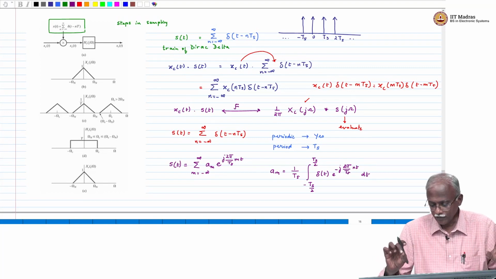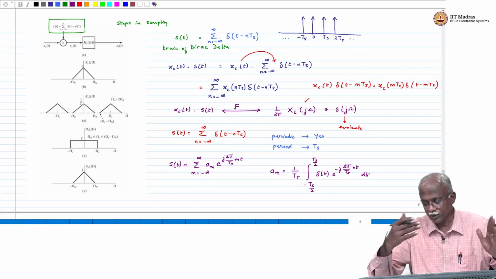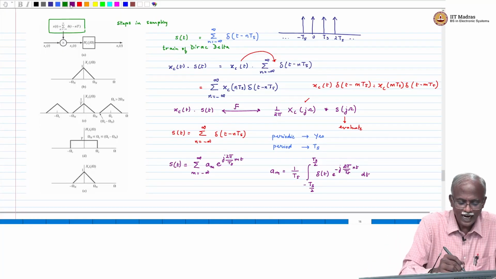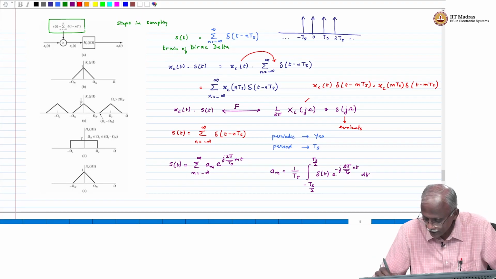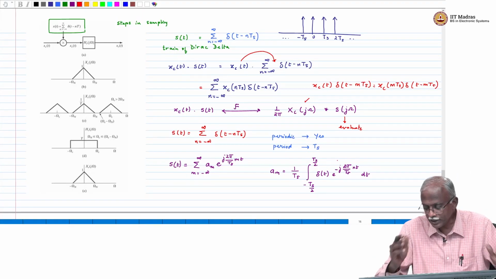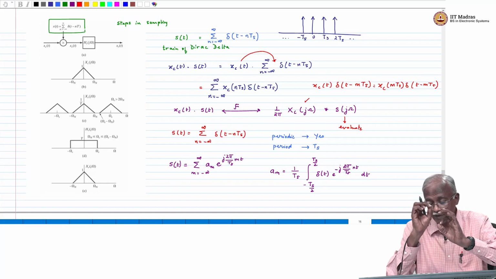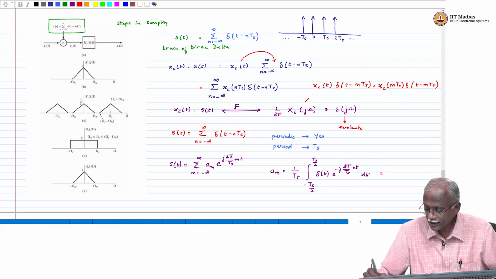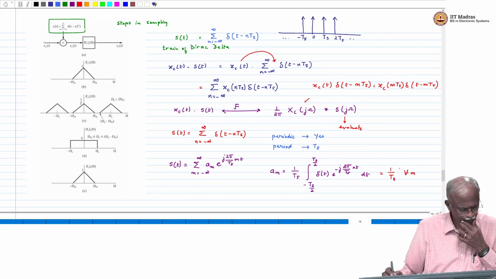I hope you are familiar with how we compute Fourier coefficients. So basically write down the expression for this, and also please carry out the integral. Delta of t means it will be non-zero only at the value t equal to 0. So this integral will collapse, and what you will get is that each of these coefficients is equal to 1 over Ts for all values of m.